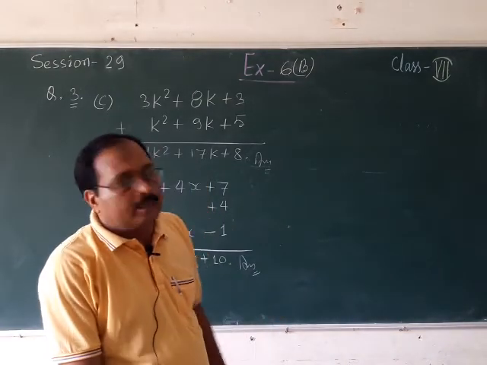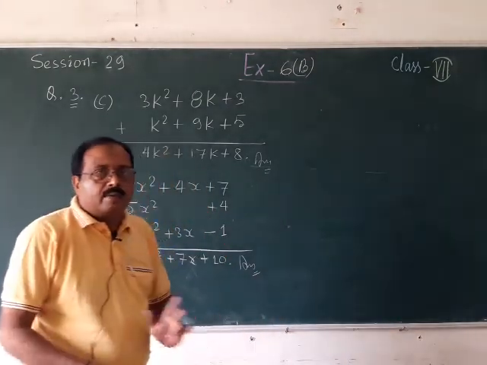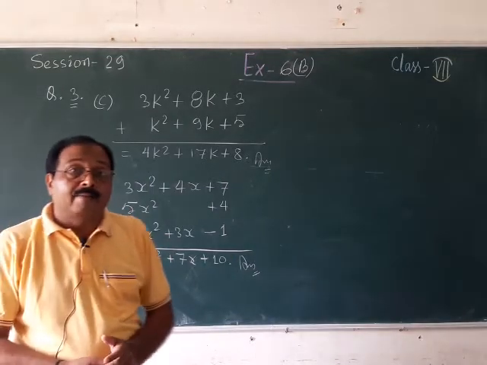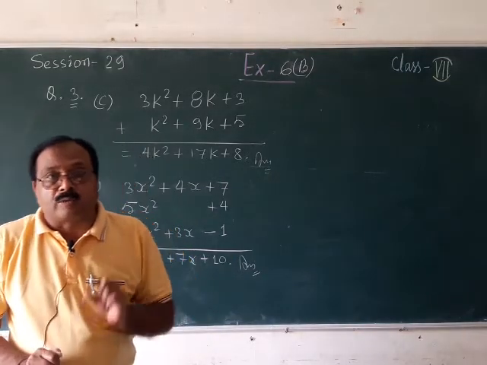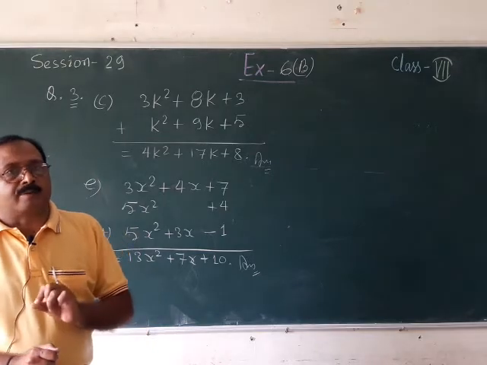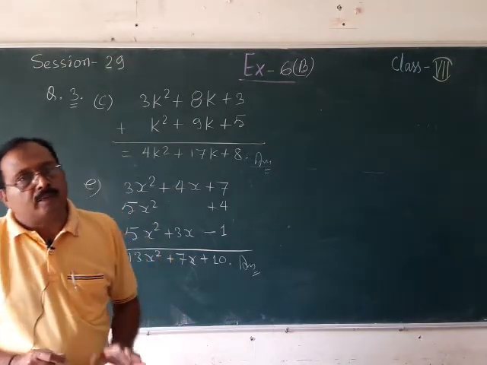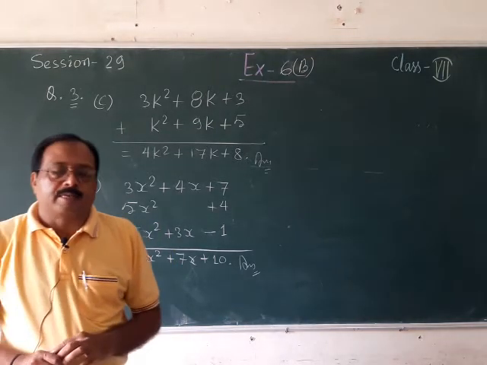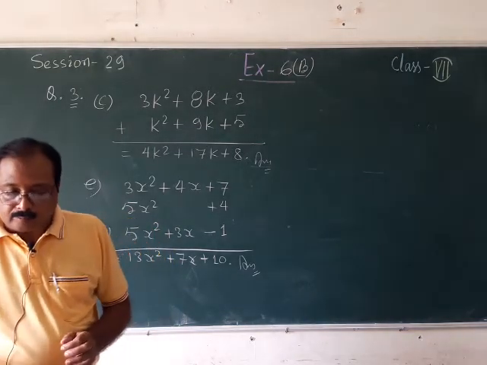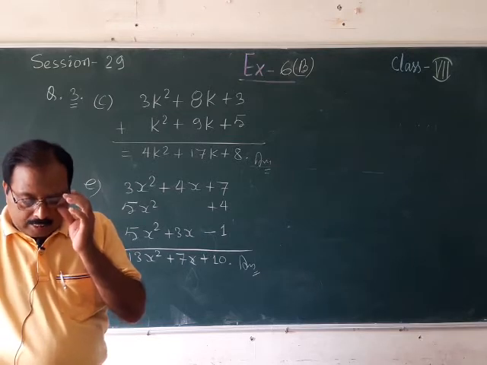It is a very easy and simple method, but one thing should be taken care of: always write the like terms together. If you do not write the like terms together, then you may make a mistake. So take care. Like this you have to add.